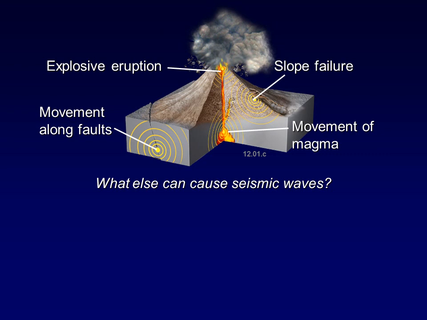Normal faulting occurs as blocks slide into empty magma chambers. Slope failure. Unstable rocks on steep sides of a volcano may fail during shaking. So if you have an earthquake, that can trigger a landslide and that can trigger an eruption. That's what happened at Mount St. Helens.